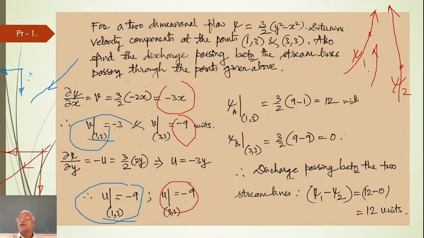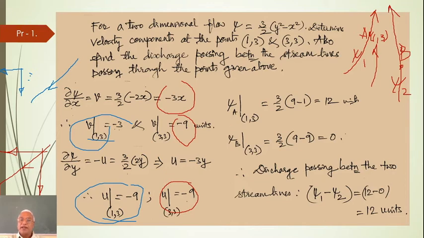Now how do you find psi 1 at this point? I have called it point A, and this point is called point B. The coordinates of this point are given as 1 3 and of this point as 3 3.